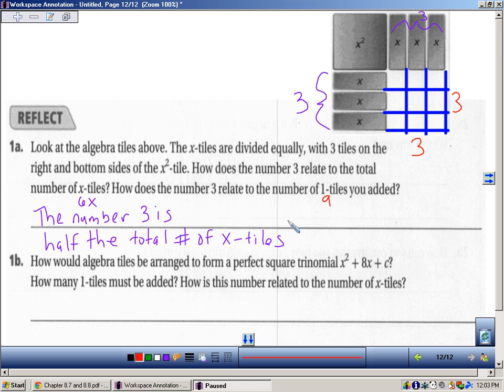I'm just going to write: the number 3 when squared is the number of 1 tiles added.